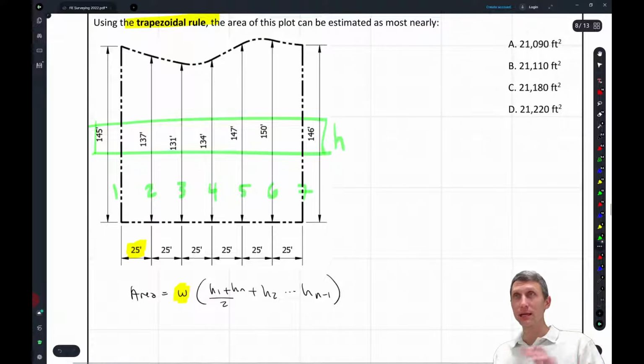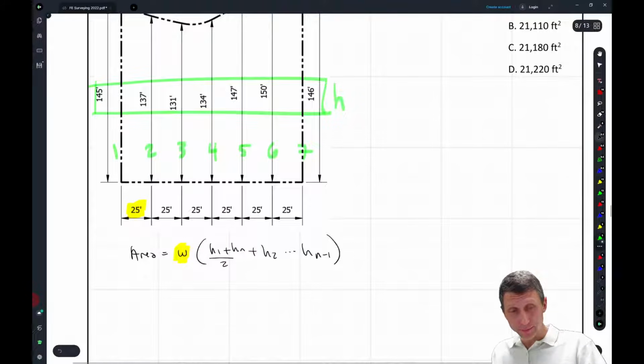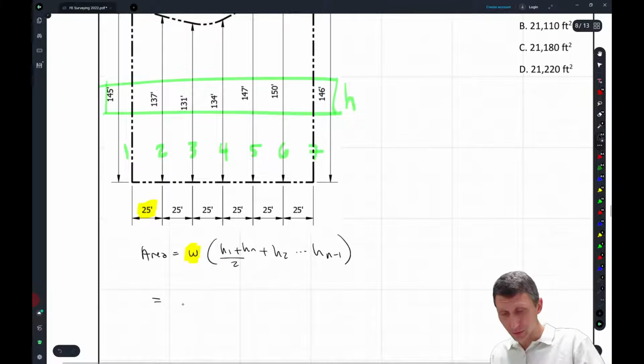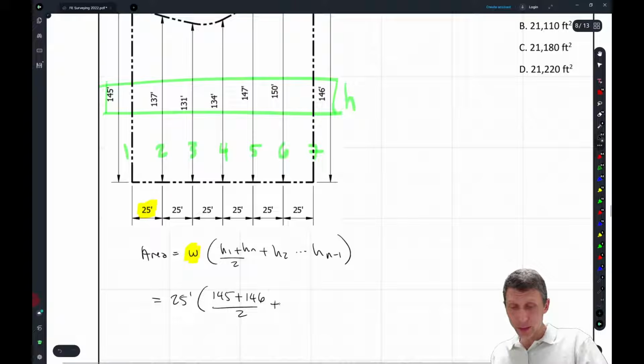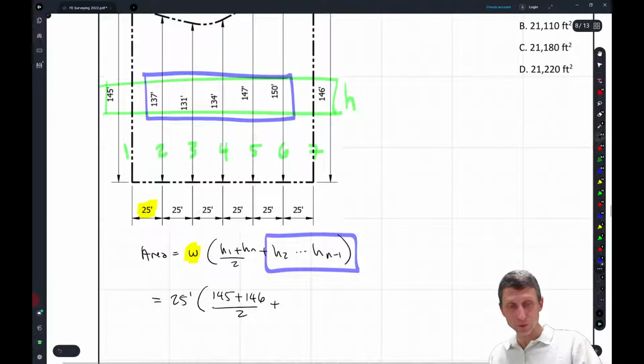When I plug this in, it's just going to equal 25 feet times the first one, which is 145, plus the end one, which is 146, all over 2, plus, and maybe I'll use another color here, all these middle ones, which are at full value.